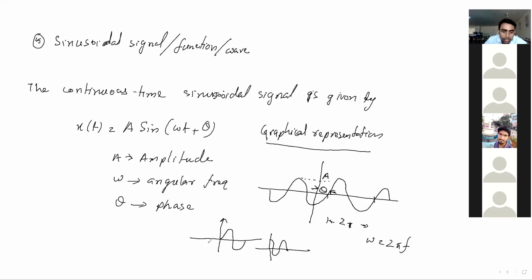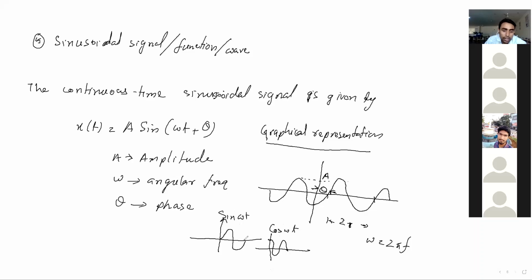A sinusoidal signal, if it starts from 0, then it is called? Anyone? If a signal starts from 0, it is called a sine wave, sine omega t. If it starts from here, it is called cos omega t.